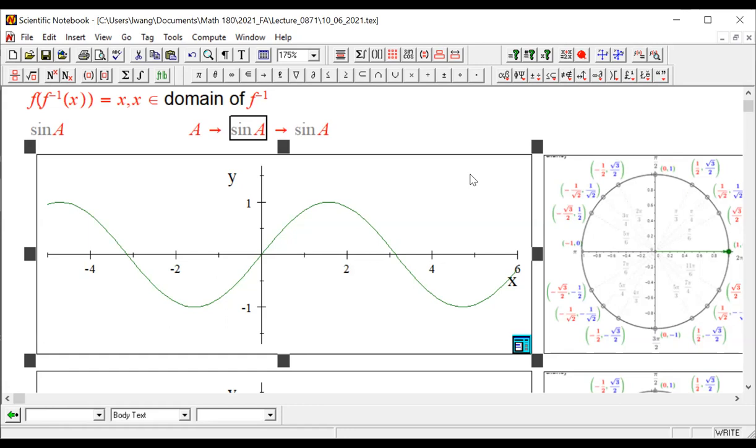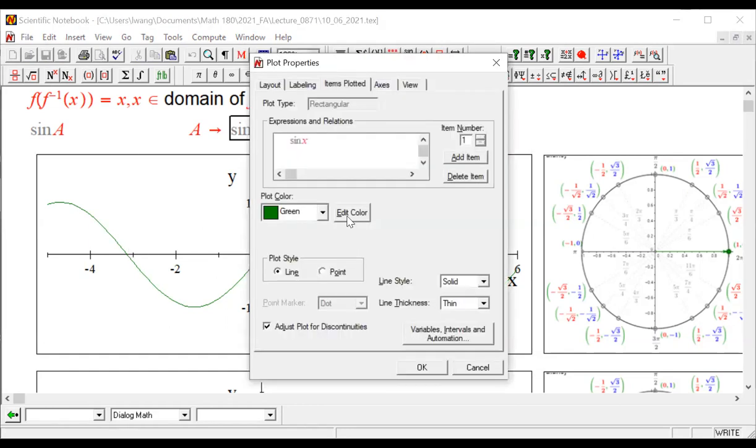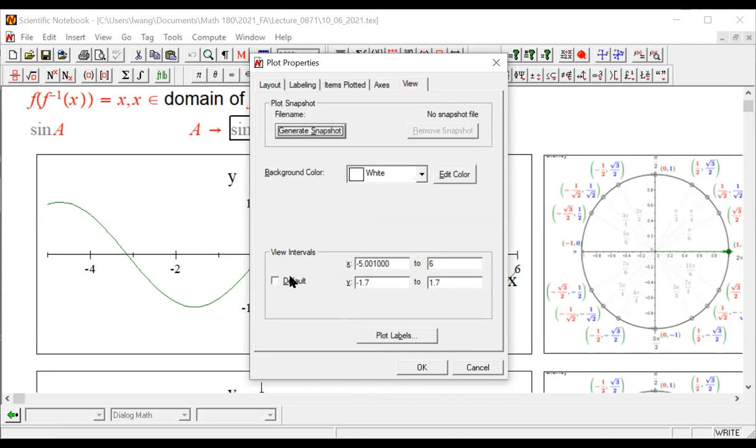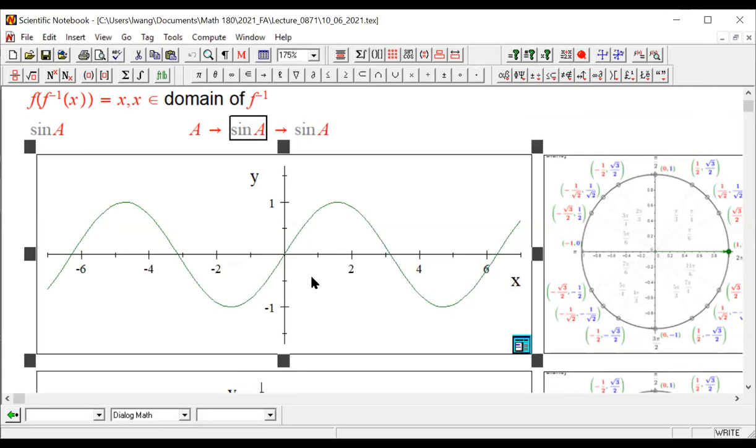Okay. Now, what I want you guys to do is I'm going to expand this curve just a little bit. I'm gonna have you mark all these points.